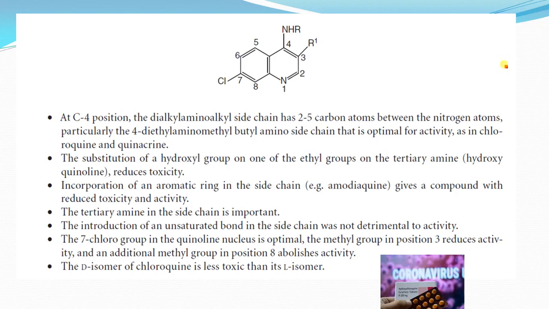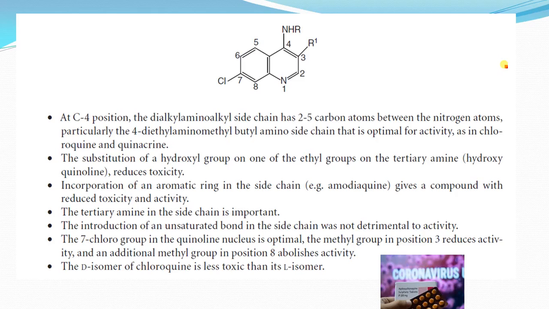There should be 2 up to 5 carbon atoms between the nitrogen atoms, particularly the 4-diethylamino-1-methylbutylamino side chain, which is optimum for biological activity. Then a tertiary amine is important for biological activity.